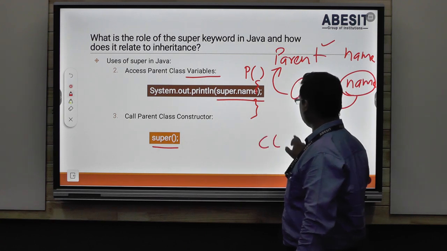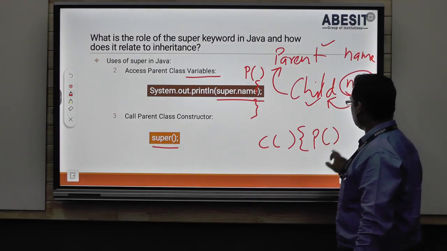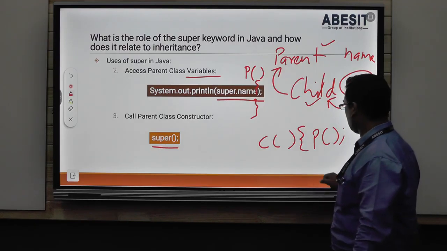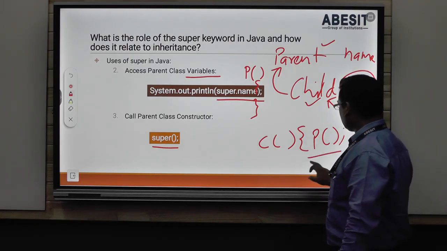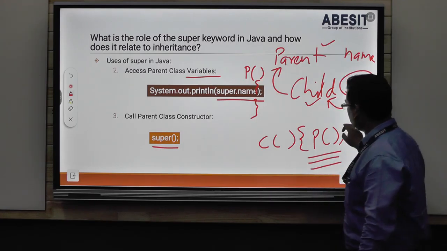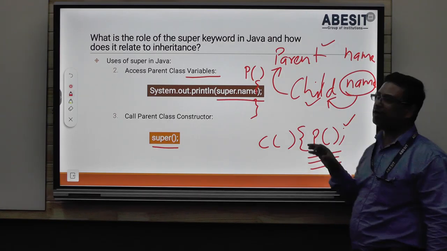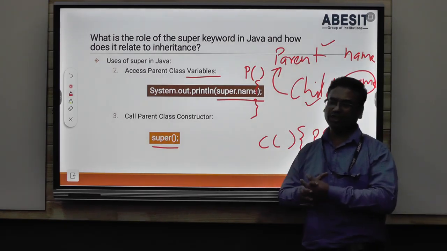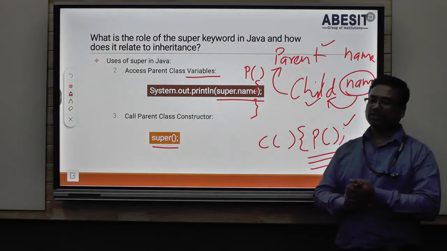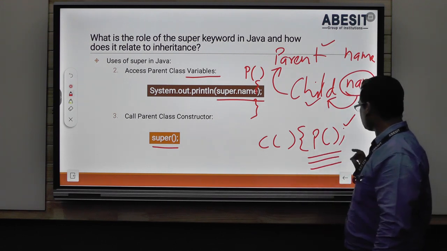You have to write the statement calling the parent class constructor first, and then other statements after that. If you write this parent class constructor call in the second line, it will give you an error. It's a restriction: this statement must be the first statement in the child class constructor.